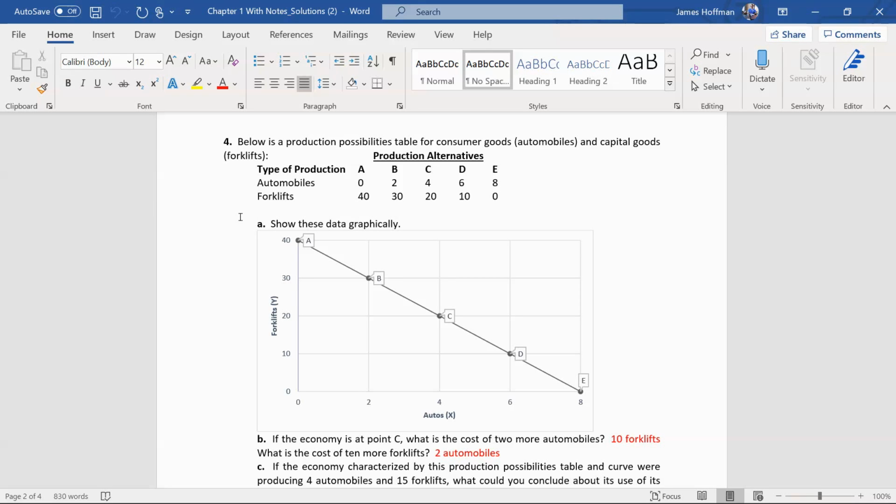So I did this in Excel, and you can see my Excel file. When you do an example like this on a homework assignment or exam, you're welcome either to just draw it on a piece of paper if that's easier, or if you want to do it in Excel, then you can use my examples as a template.